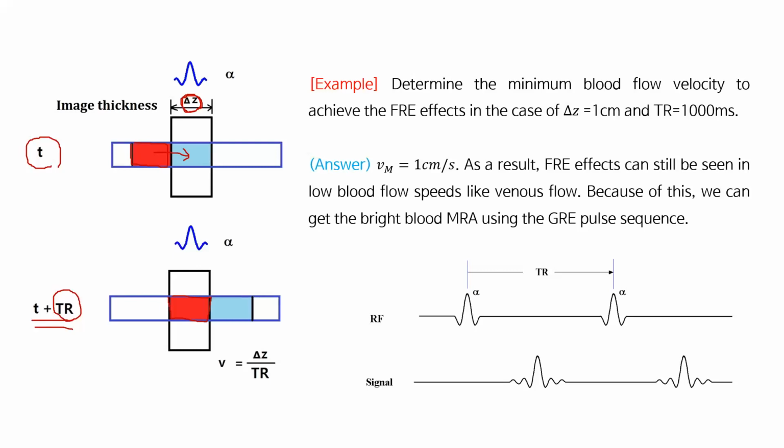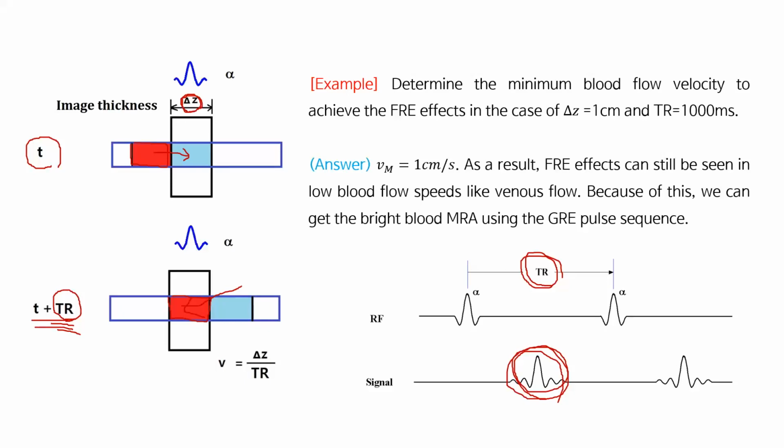So within TR, we check the MR signal. If this blood enters during time TR, then we can get the MR signal from this newly entering blood.